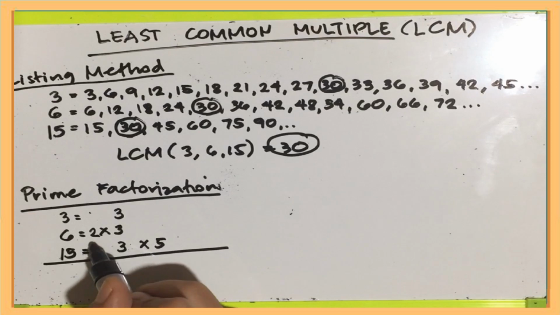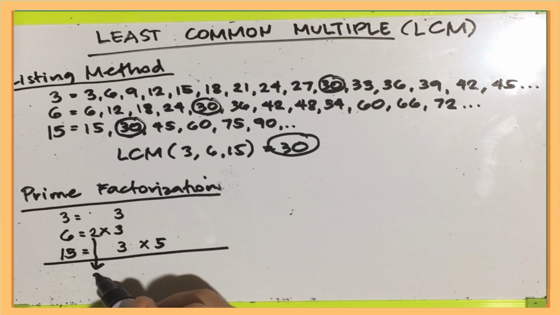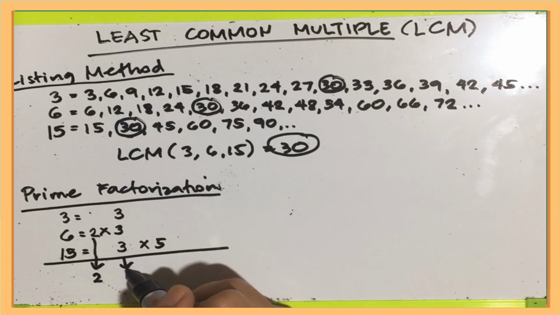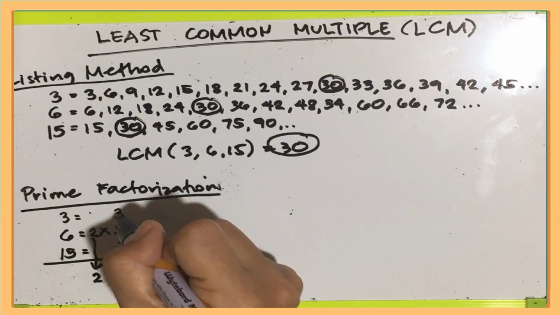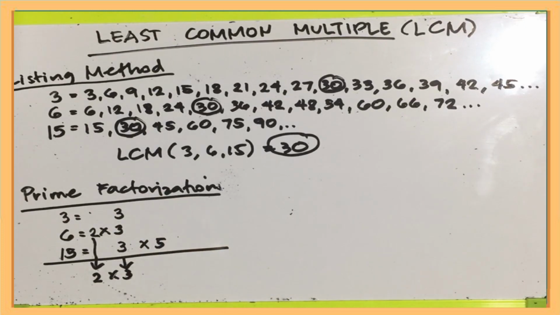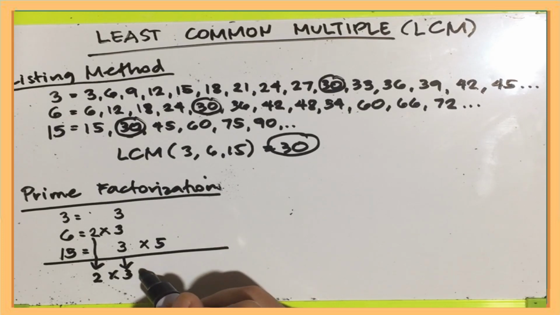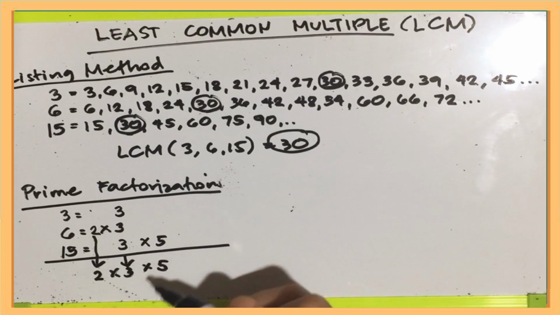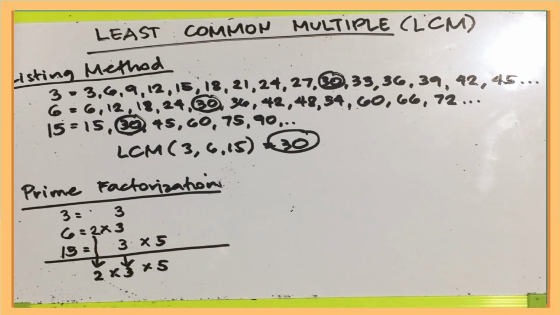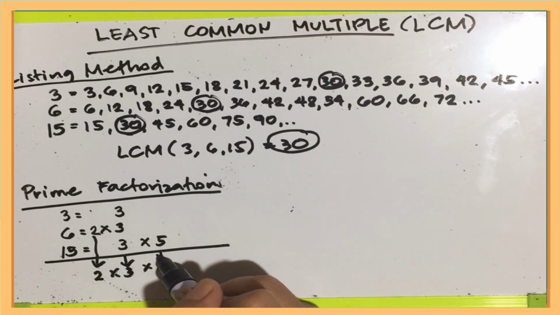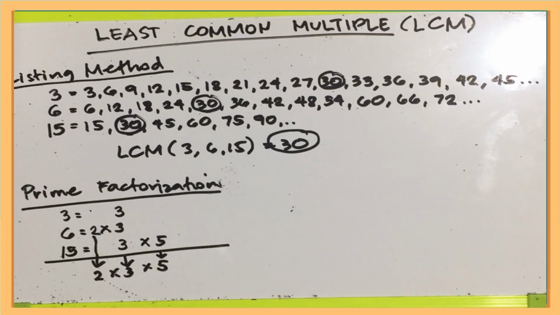I'll bring down the prime factors. We have 2. I'll bring down 3. I only brought down 1 3 even if I have 3 threes here. Then we have 5. So make sure that you align a specific factor of a number so that you will not be confused in bringing down the prime factors.